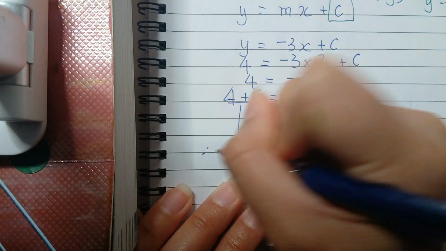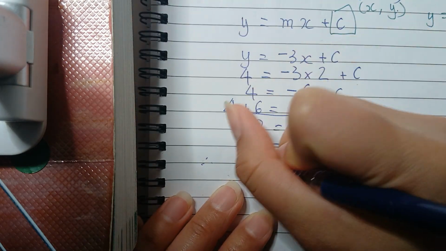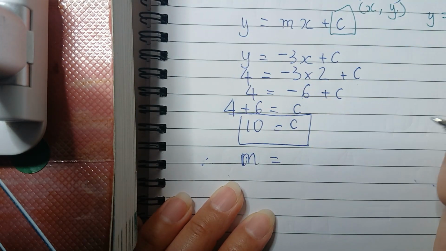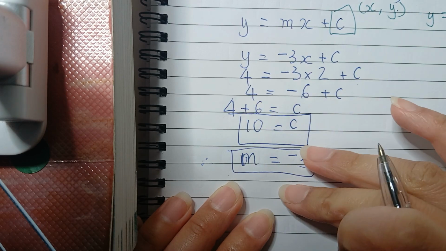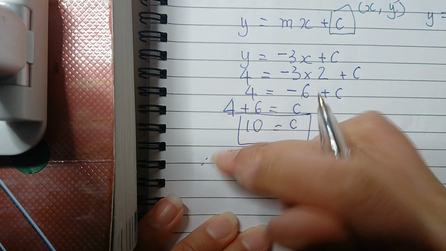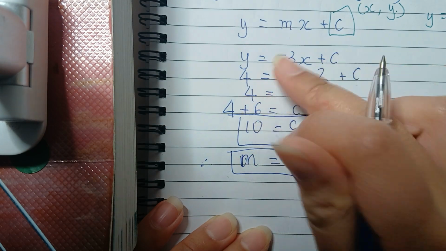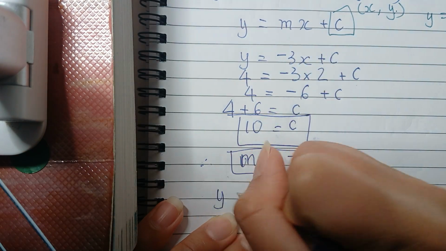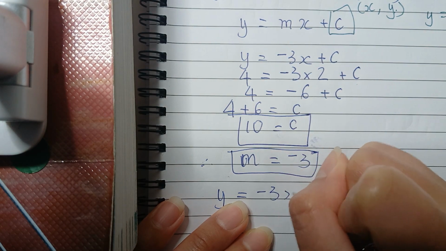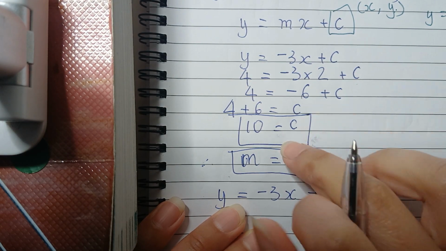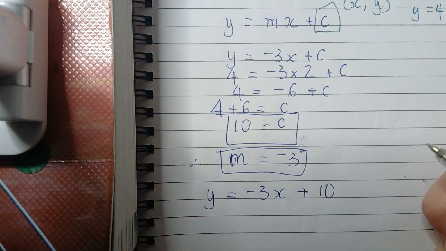Next step, you sub these two values into the general form, y equal to mx plus c. So y equals m, which is negative 3x, plus c, which is plus 10. c equal to 10. We're done.